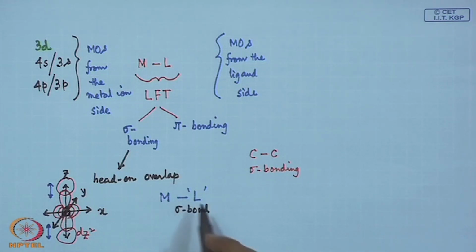So, both these two things can happen, and for that particular purpose we should know the corresponding energy levels for these sigma bonding interactions.